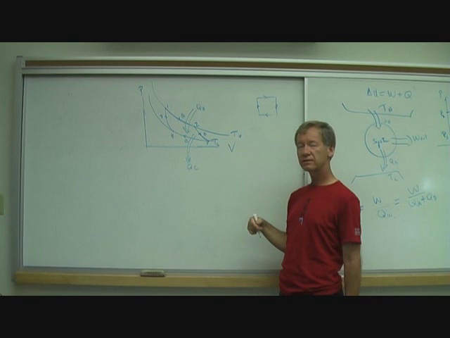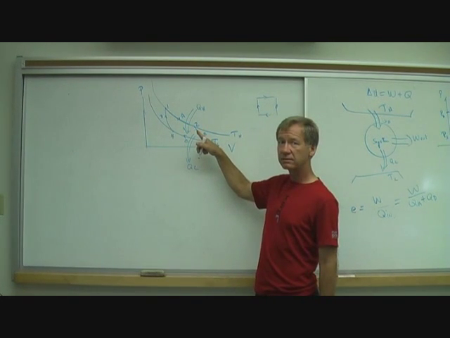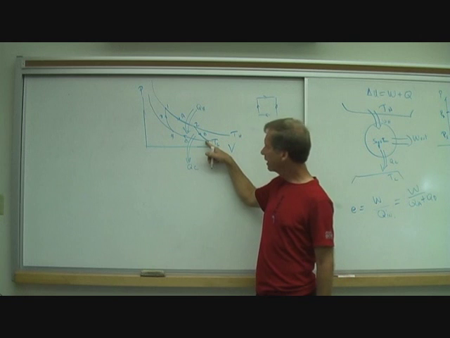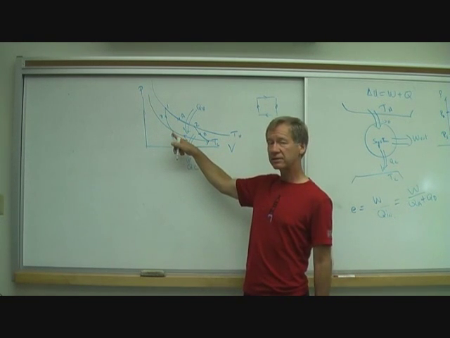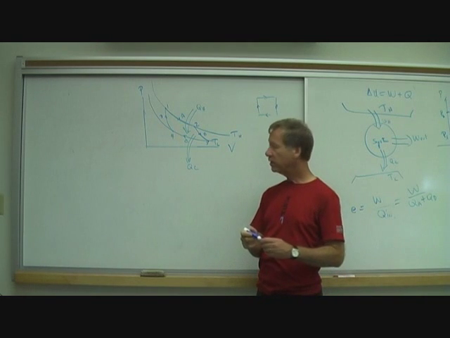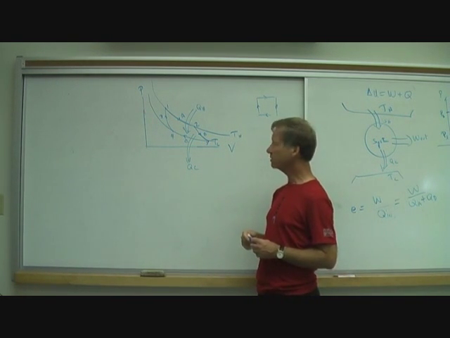Okay, so I'm running along, absorbing heat, then I don't absorb any heat, I do some work, right? I let go of some heat, and then I do some work, right? So here is a nice cycle for us to look at, right?